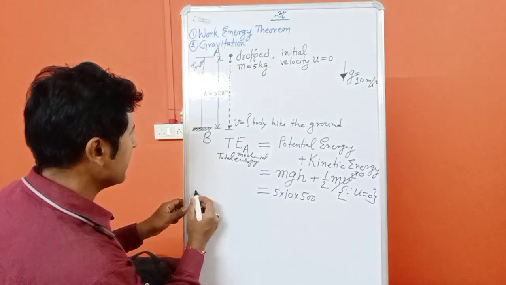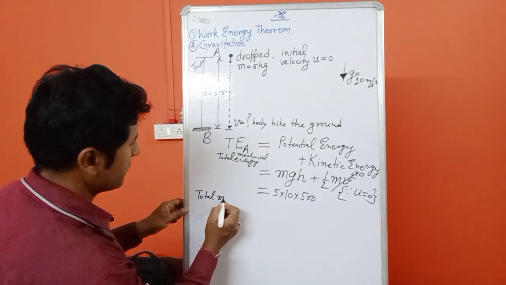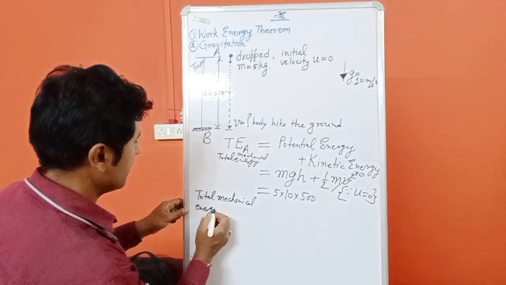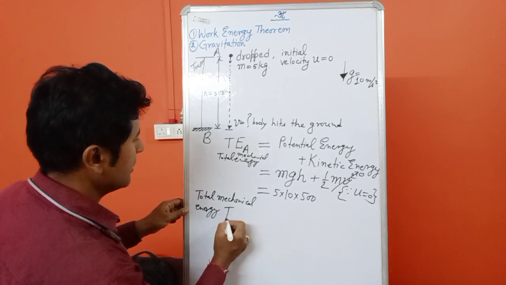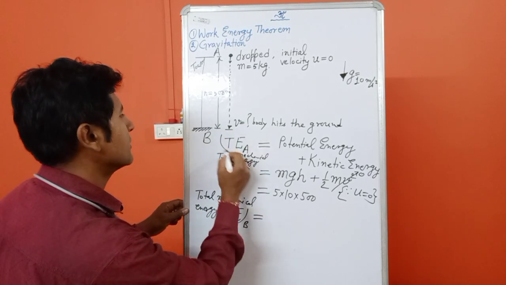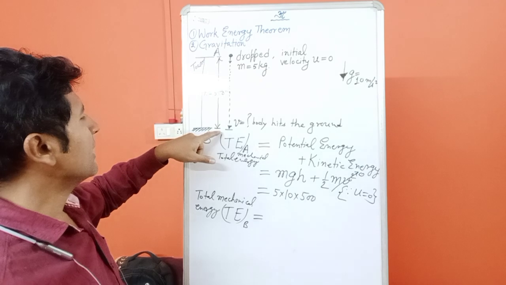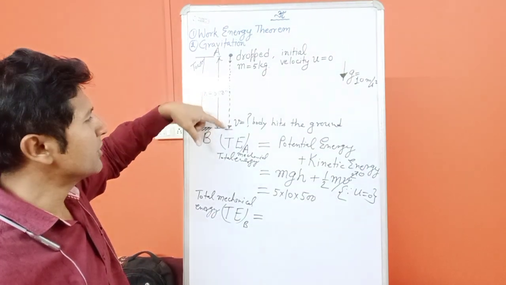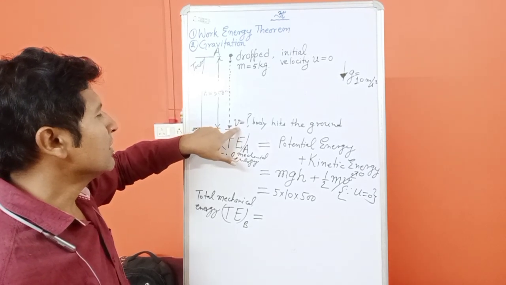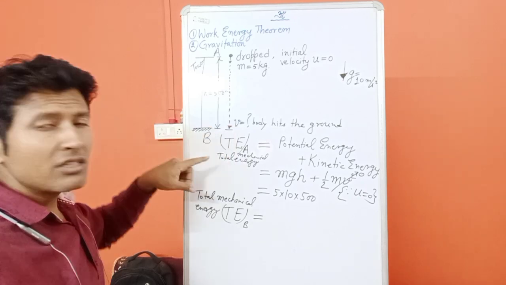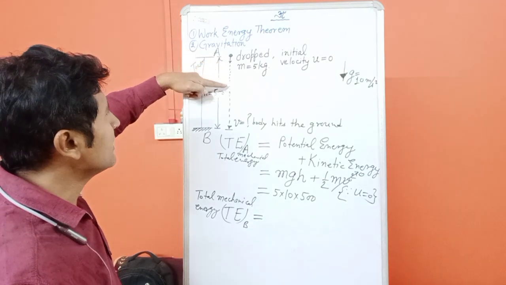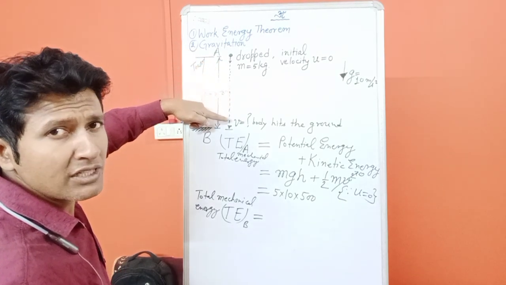Now what about the total mechanical energy, that TE at point B? How much it is? Now if you see here, at the time when it just hits the ground, it's having only the kinetic energy, not the potential energy. Why? Because slowly this height is getting reduced and finally it becomes 0.